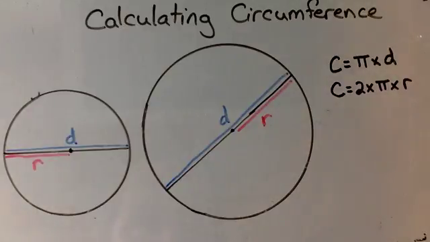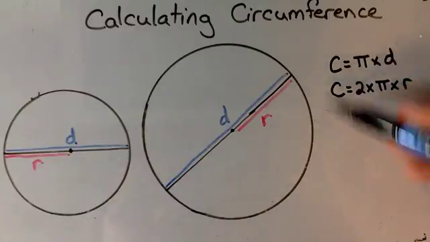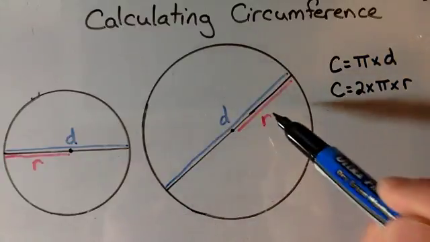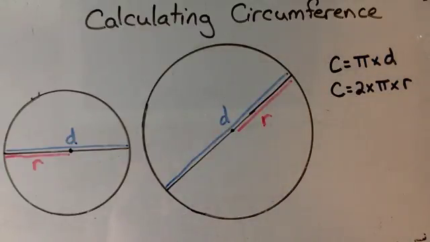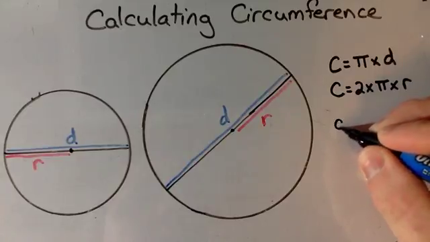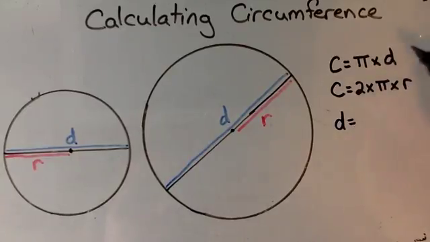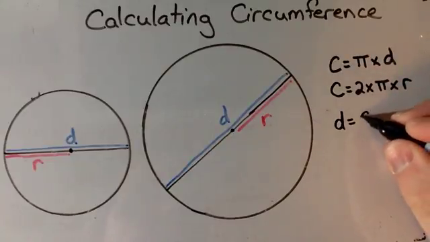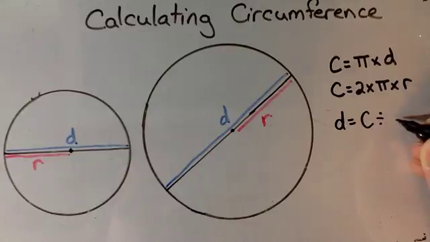Now that we have this relationship, we can also use the circumference to find out what the radius or the diameter is. If we were looking for the diameter, we already know that the diameter times this constant pi is going to give us the circumference. So if we take the circumference and divide it by that same number, pi, that will allow us to find the diameter.